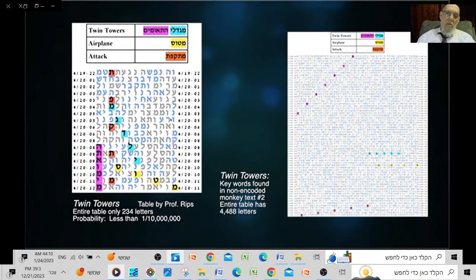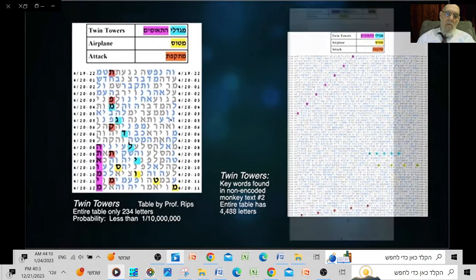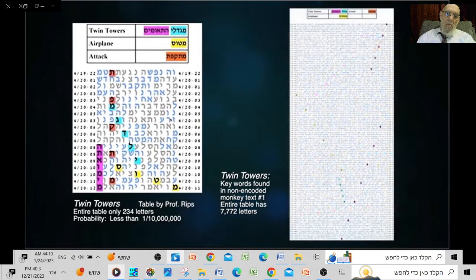It's insignificant. In Professor Rips' original table, the whole table was only 234 letters. Here's another one that we discovered. This was in a table that ended up having 7,772 letters. It had all of the same names, but the skips were enormous. So it's basically forcing a table to say what Professor Rips found mostly in the book of Numbers.